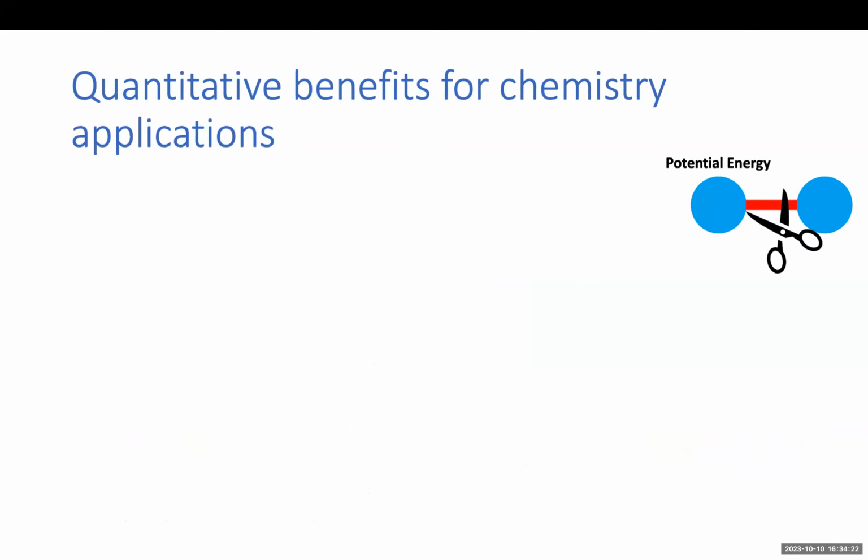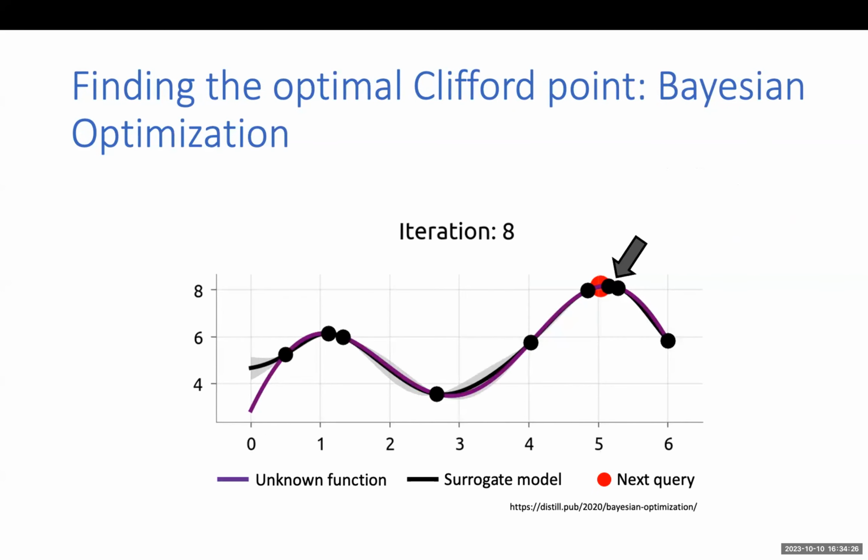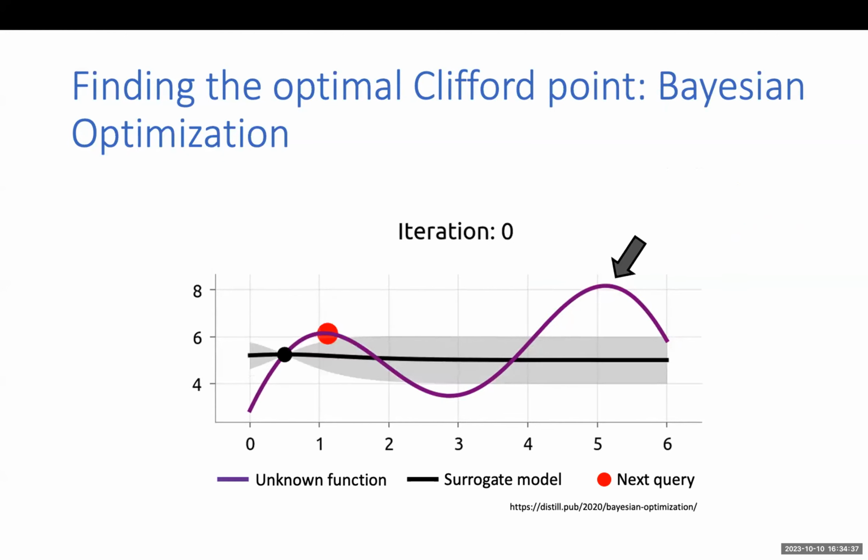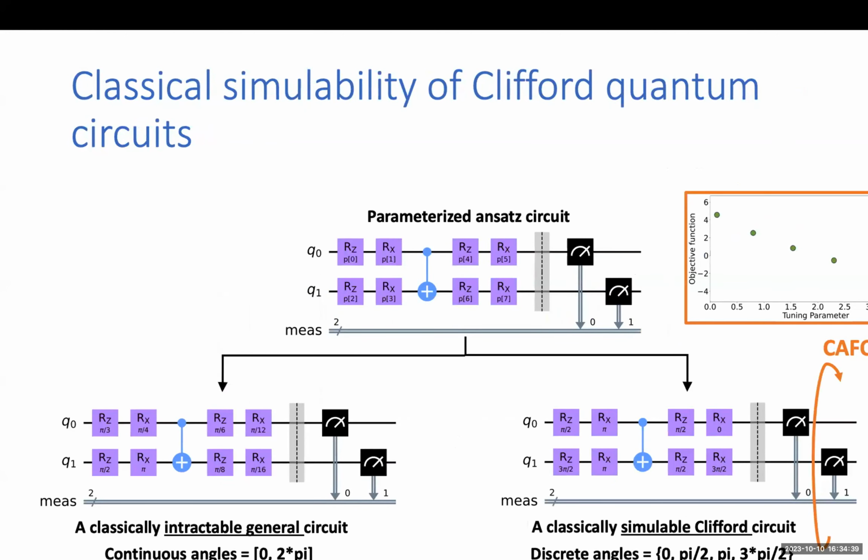Okay, so what do we achieve with this? How do you know that the Clifford points span your domain? How do you know that you're on either side of the optimum? Well, it doesn't have to be either side of the optimum in some sense. You're just trying to find a set of good points.